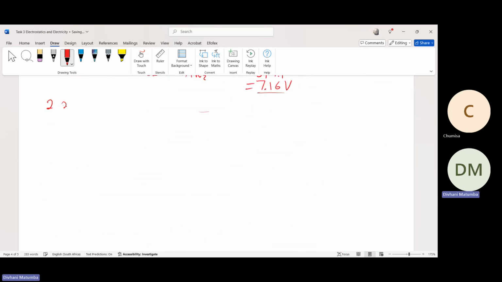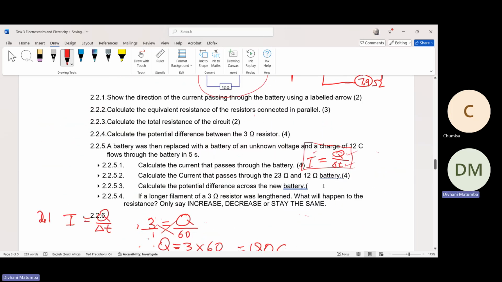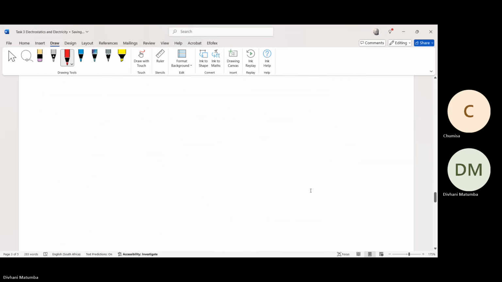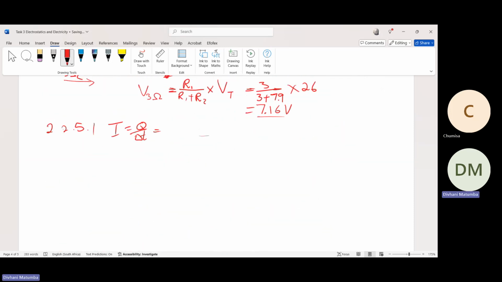I equals Q over change in T. Our Q is 12 coulombs, divided by the time, 5 seconds. You agree? Yes, sir. So the answer will be 2.4. What is the unit of current?